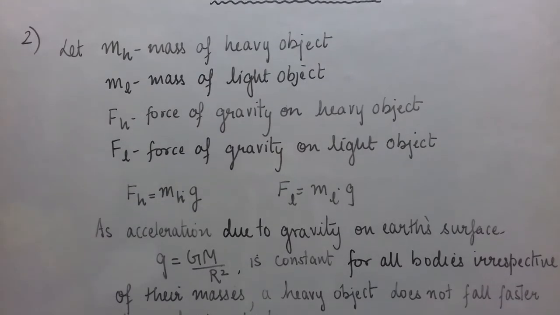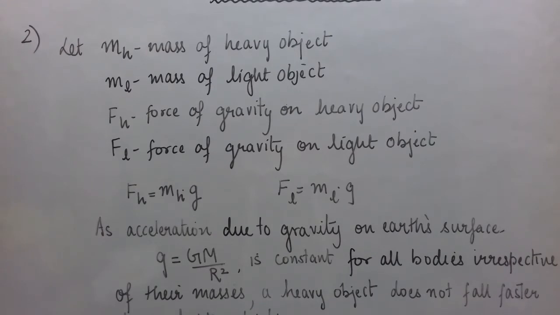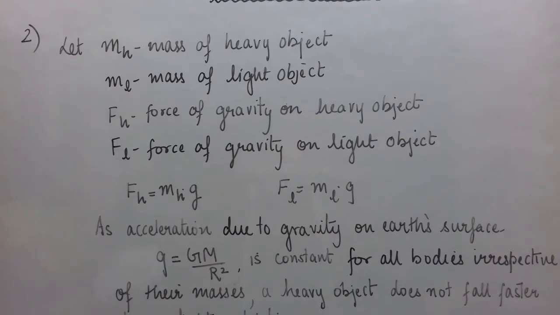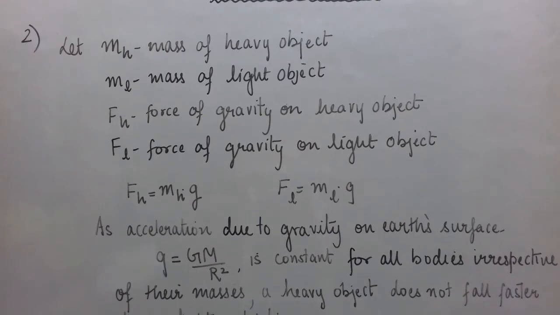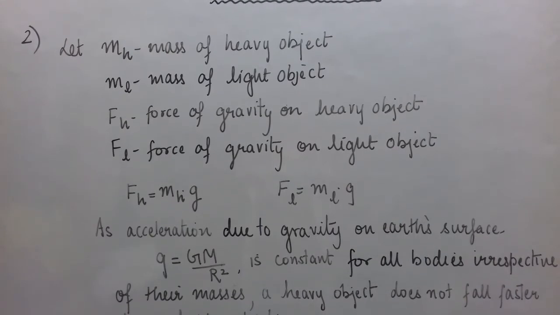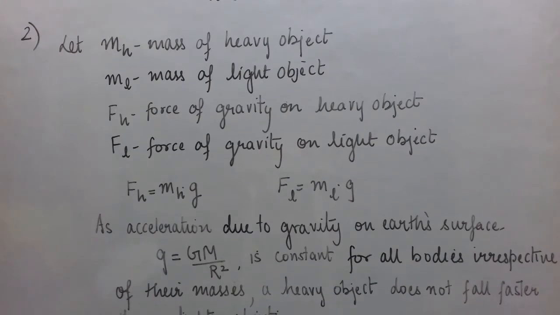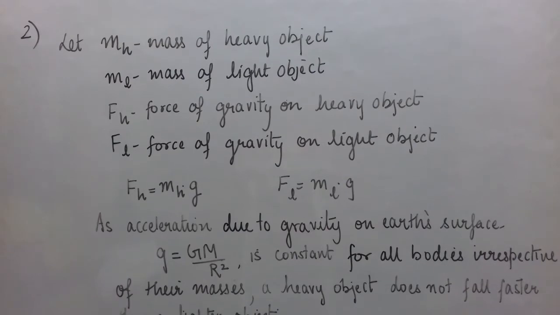Now in the second sentence, we come to know that they are talking about freely falling bodies. They are saying, why then a heavy object does not fall faster than a light object? We considered this when we were doing the theory part of the chapter, that when you throw two objects from a certain height, irrespective of their mass, they fall with the same acceleration.